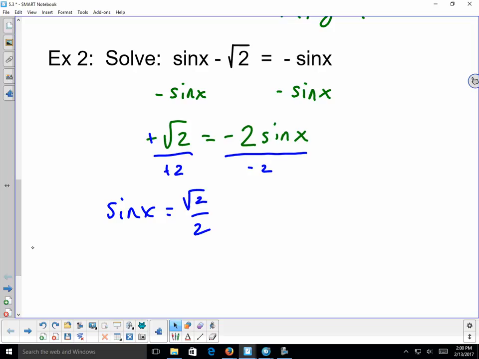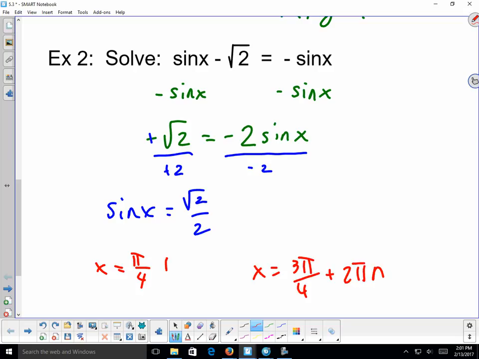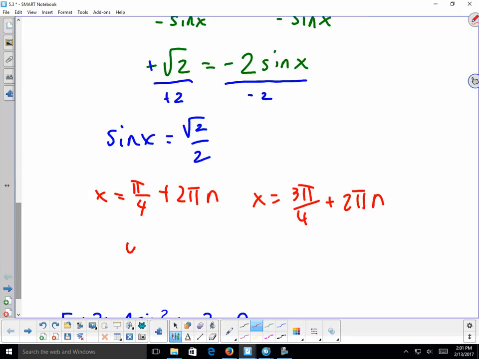To write our solution, we're going to write x equals pi over 4, but we want to generalize, so what's this going to look like? Arya? 3 pi over 4 plus 2 pi n and pi over 4 plus 2 pi n. Yeah. And we need to keep that phrase there also where what?